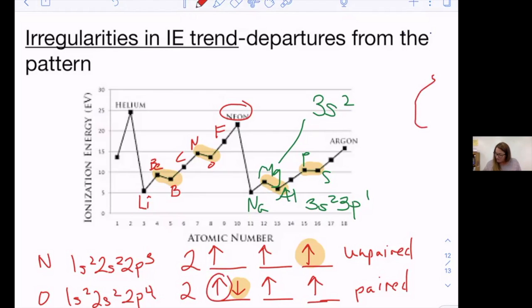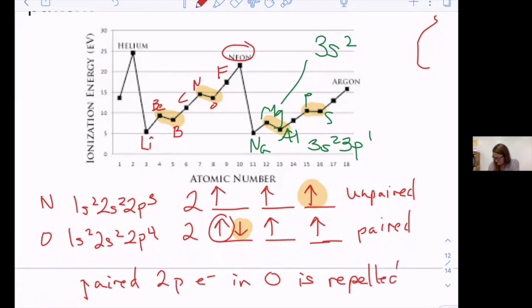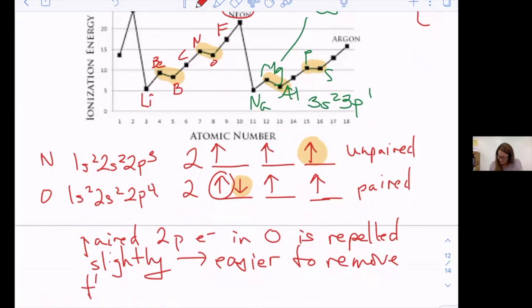And so the way that I would explain this is the paired 2p electron in oxygen is repelled slightly by its other electron, making it just a little bit easier to remove than nitrogen's unpaired electron.